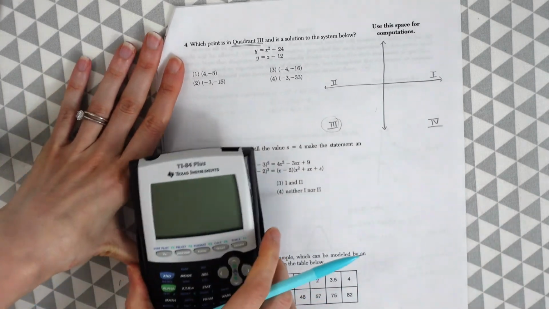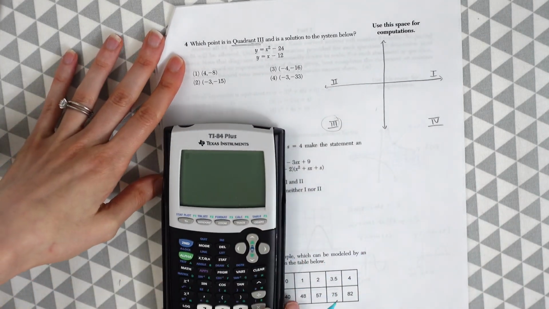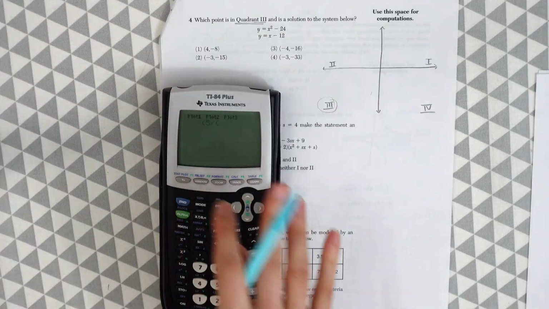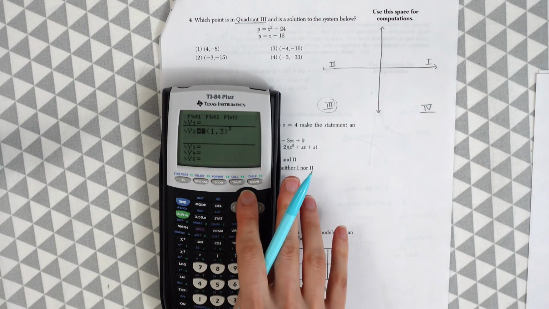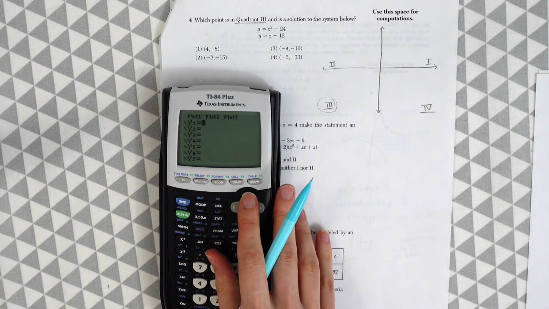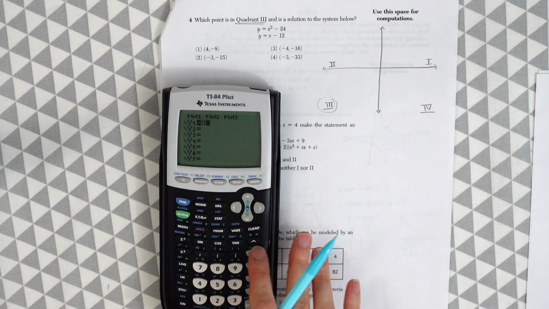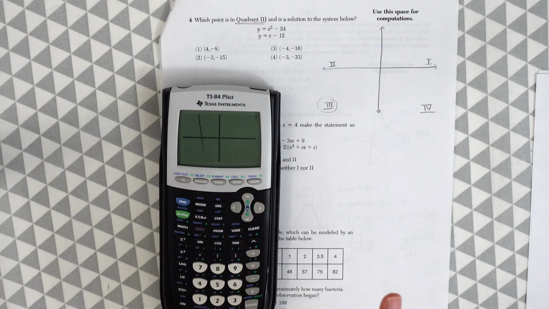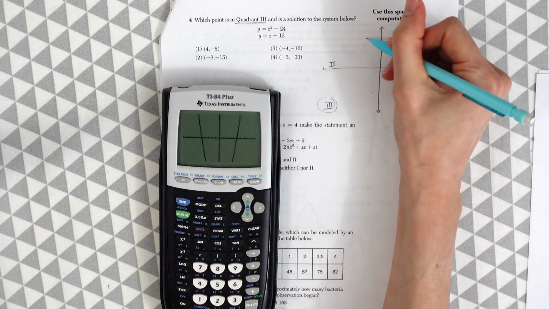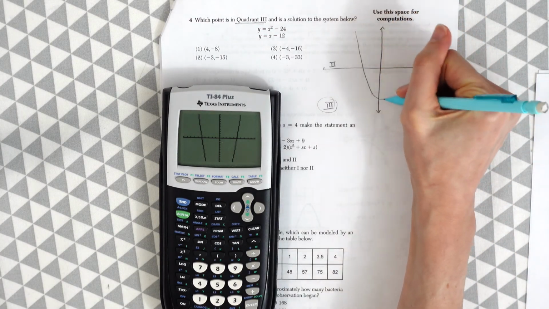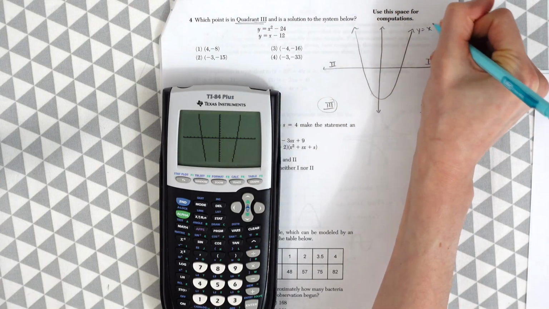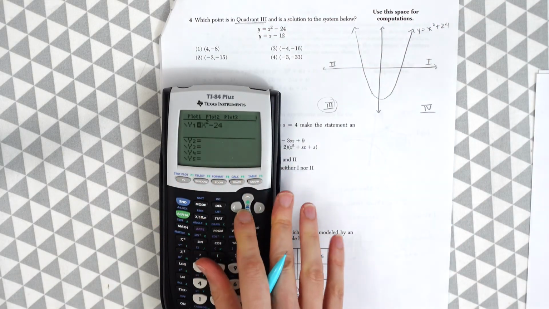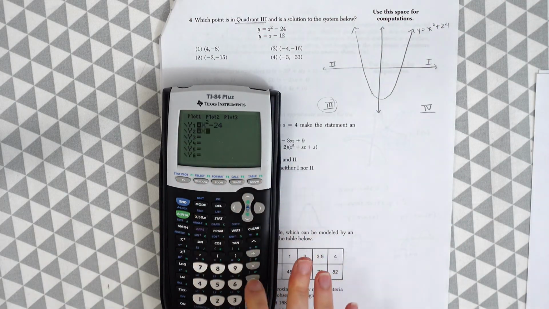So now we could use our calculator again and just plug these two functions in. So I'm going to go to y equals, and the first equation we have is x squared minus 24. Let's see what that looks like. So it looks something like this. And now x minus 12.